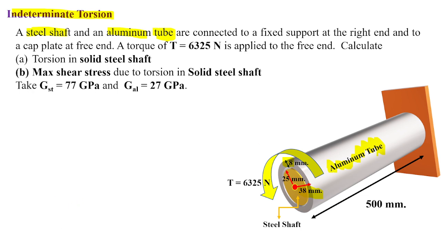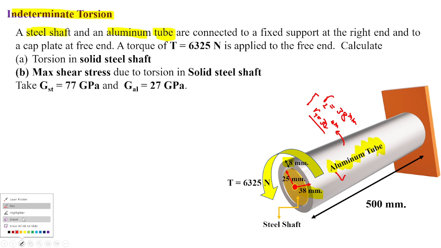If you subtract the thickness from that, it gives you 30 millimeters for the inner radius of the aluminum tube. And for the other part, the steel shaft, the radius provided is 25.